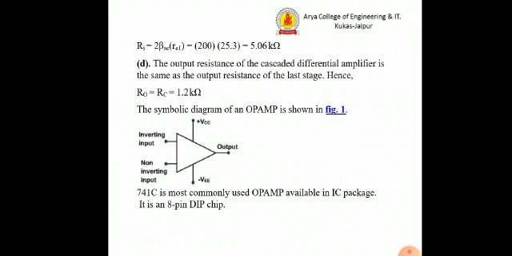The op-amp is supplied by plus VCC and minus VCC at pin numbers 7 and 4 respectively, and from pin 6 we take the output. 741 is the most commonly used op-amp available in an IC package. This is an 8-pin DIP chip.